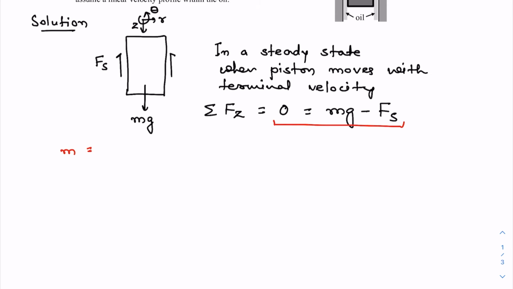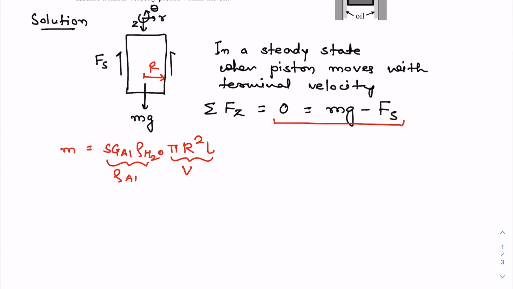Mass is the specific gravity of aluminium times the density of water, times pi R squared L, where capital R is the radius of the piston, and pi R squared L is the volume. I'll denote this as equation 1.